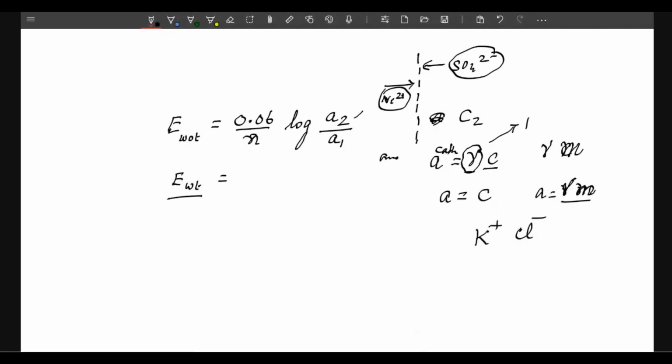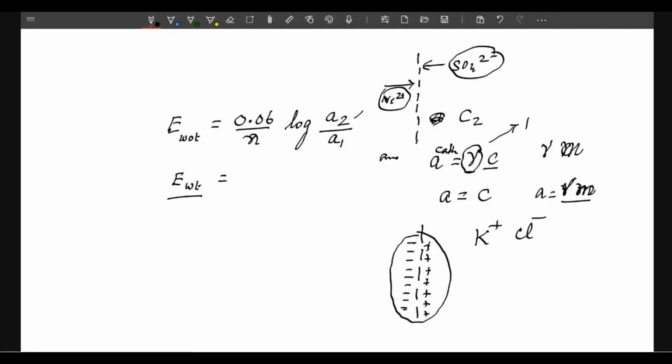Here the ions are very near to each other, and one ion is moving very fast and another very slowly. Due to this, across the membrane, across the porous part, there is a charge separation, an electrical double layer is formed, and this electrical double layer creates a potential, as we have seen in electrode potential.